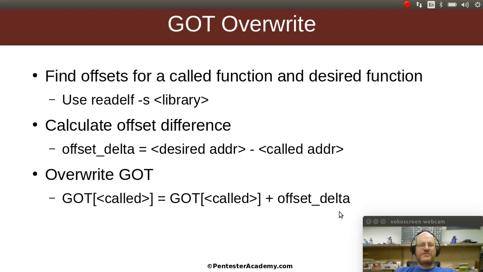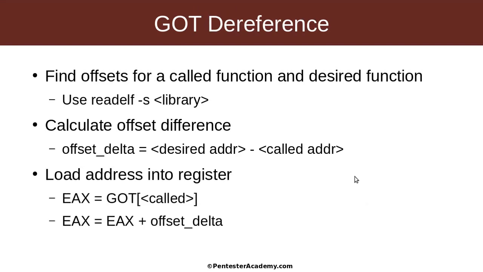So now once you've done this, every time someone calls the original function, it will actually call your new function. So this is one method of using the GOT in order to exploit some vulnerable software. What's another method? GOT dereference.